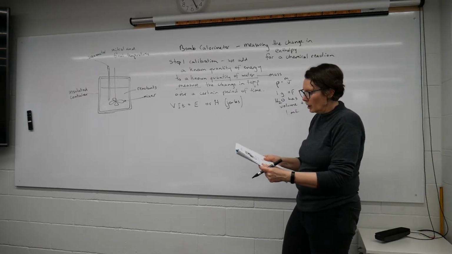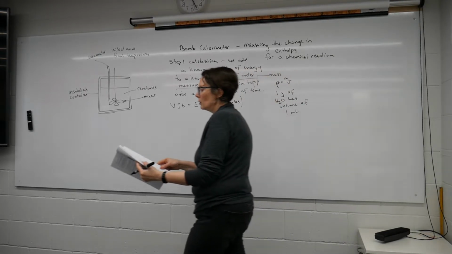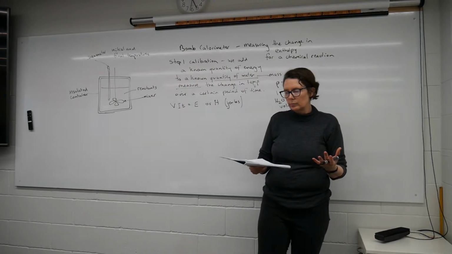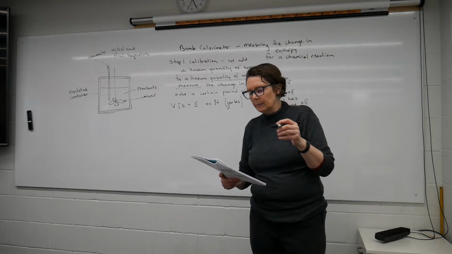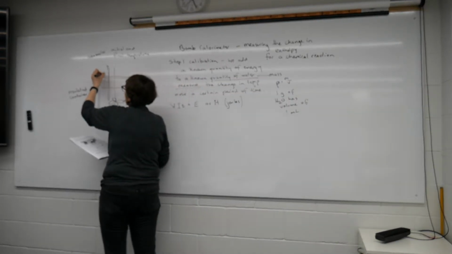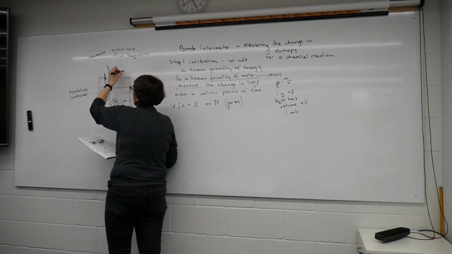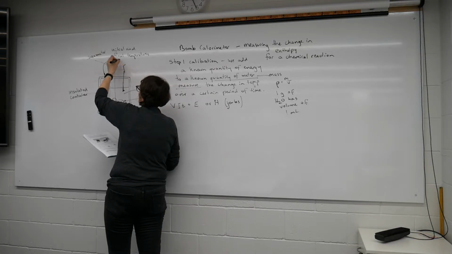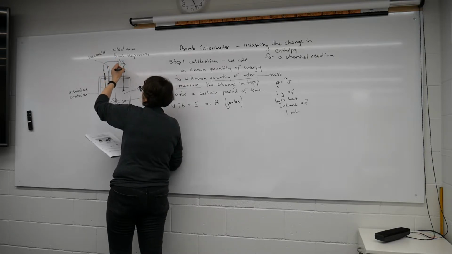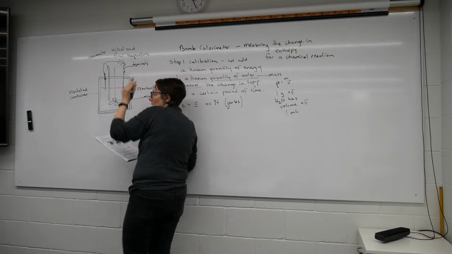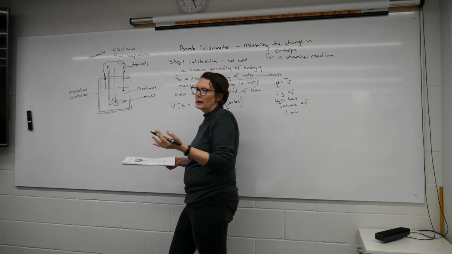All right, so on page 21, you've got a picture of the kind of calorimeter that we use here, and you're going to do this prac. You've got terminals at the top. Oh, okay, I should put terminals here. We use the terminals only during the calibration phase.